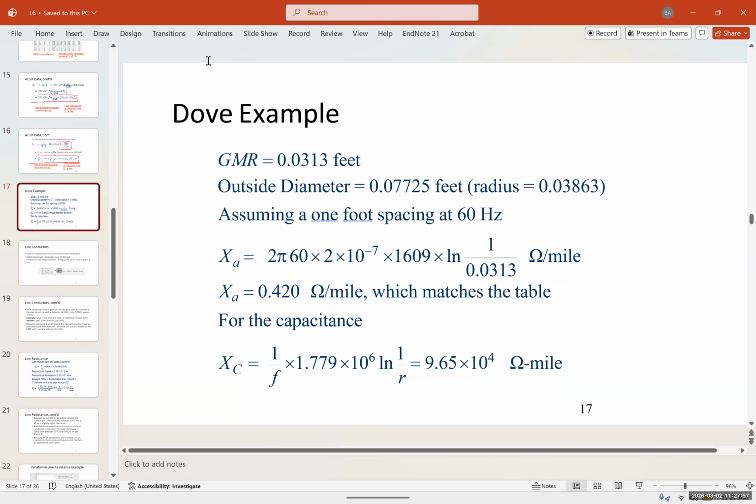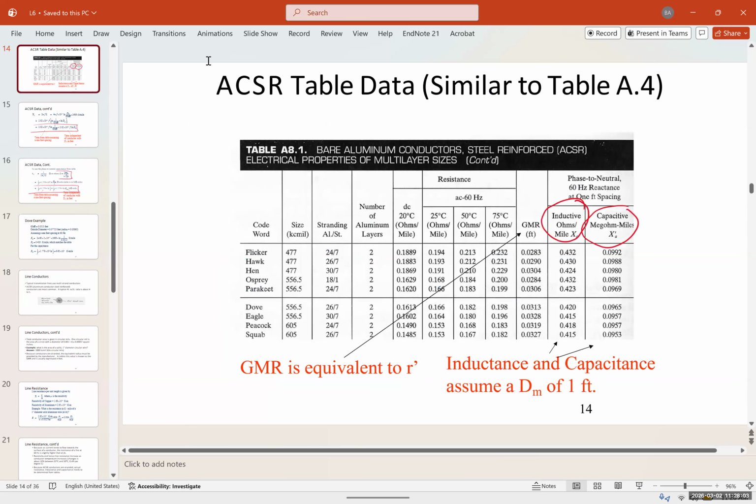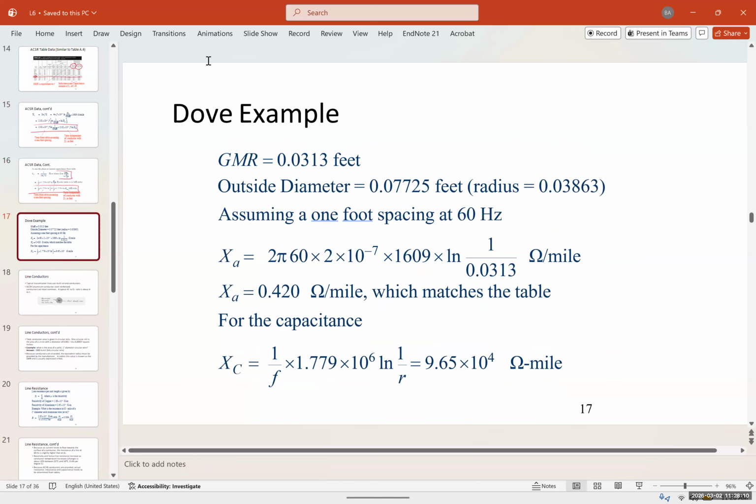Now we want to find it using the Dove example. Here we have the code word Dove, and we want to find it for this code word and see how it's done. For this, GMR is 0.0313 feet. Outside diameter is 0.07725 feet. Radius is 0.03863, half of the diameter.